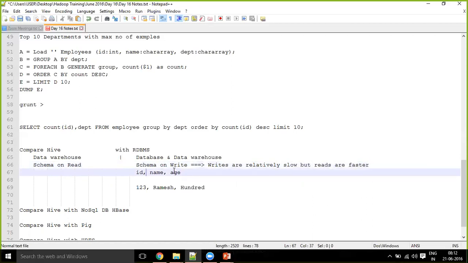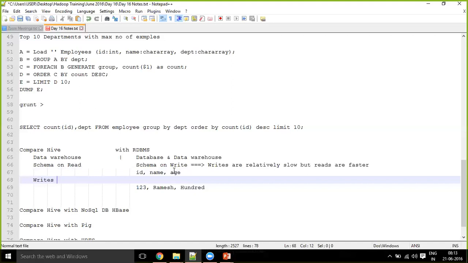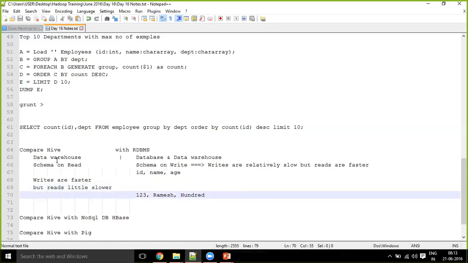On the other hand, in Hive, writes are faster, but reads are a little slower. So these are the two major differences when I compare Hive and RDBMS.